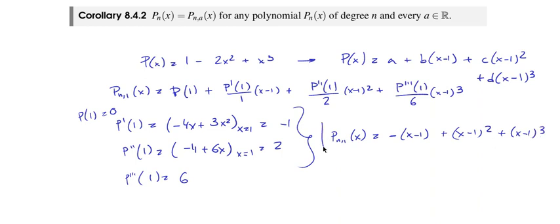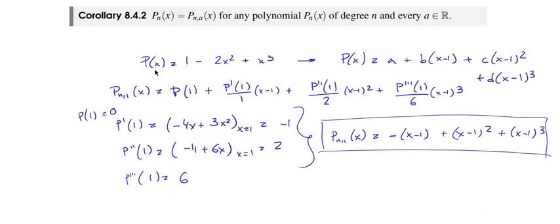Okay, and so this is the Taylor polynomial at 1 of this polynomial, but we know it's exactly the same, so we can write it like this. We can say that this is just p of x, right? And if you expand these things and simplify, you will get back to the original polynomial. But this is useful in some cases, and so you would do well to remember. Okay, that's it for now.